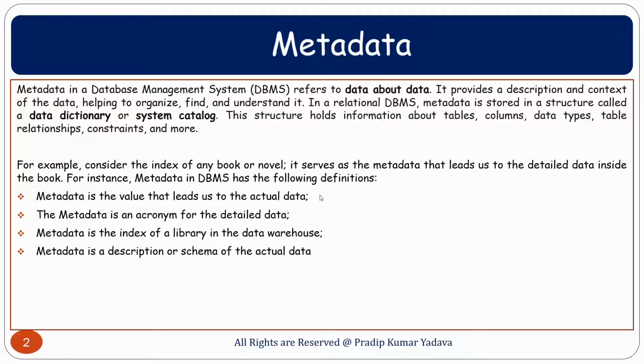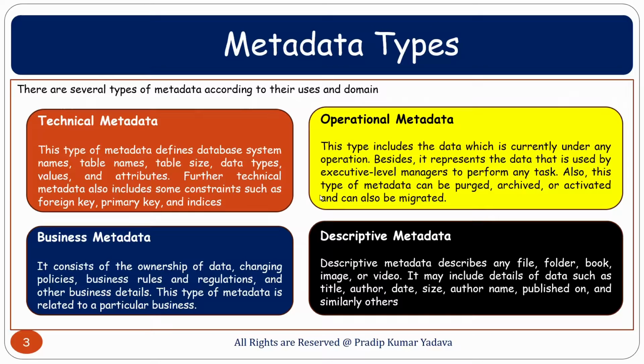In the same manner, metadata is the value that leads us to the actual data, and metadata is the index of a library in a data warehouse. Metadata is a description or schema of the actual data, meaning if we have some information about metadata, then we can find detailed information about that particular data.